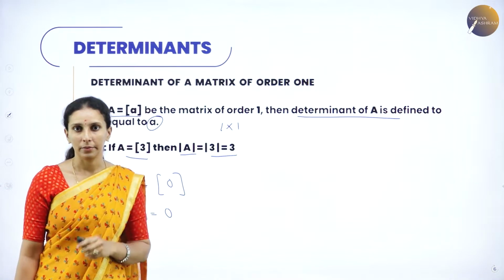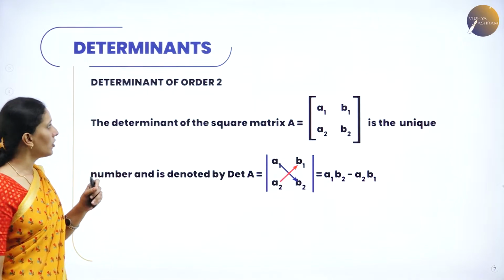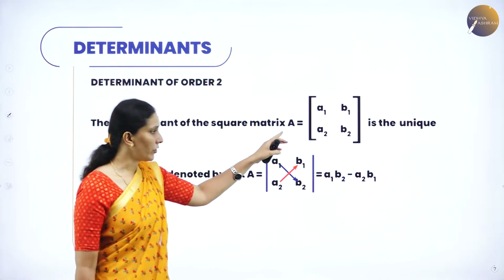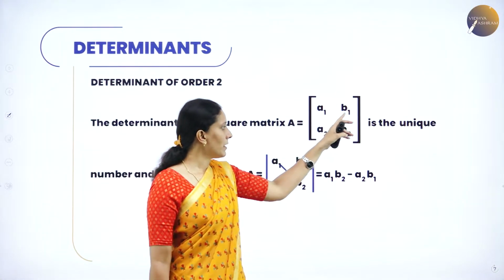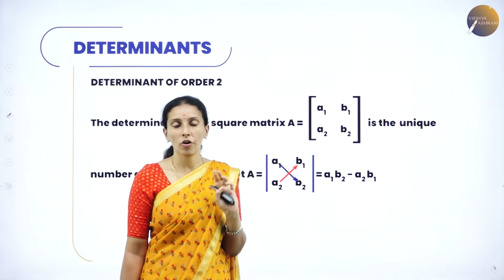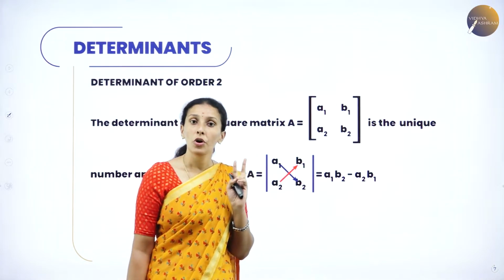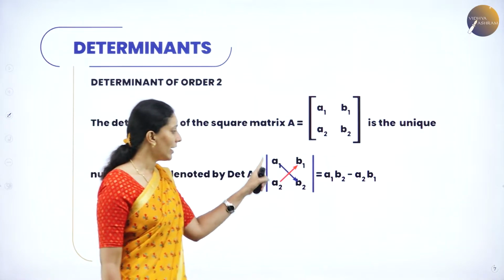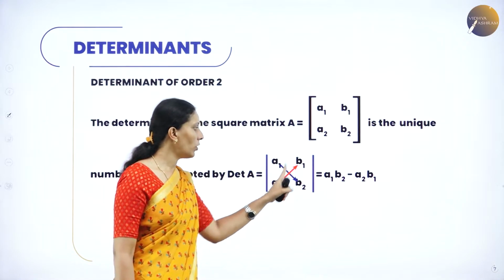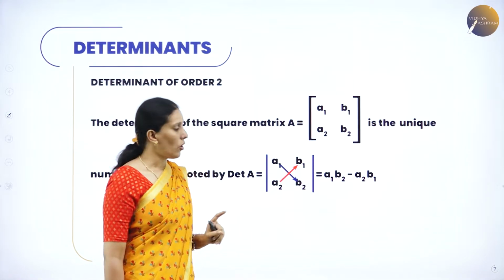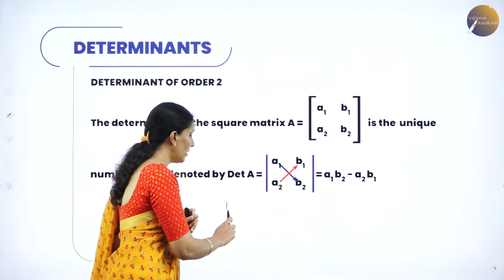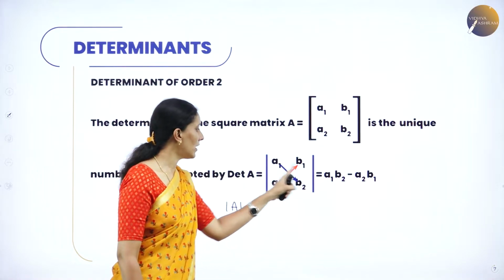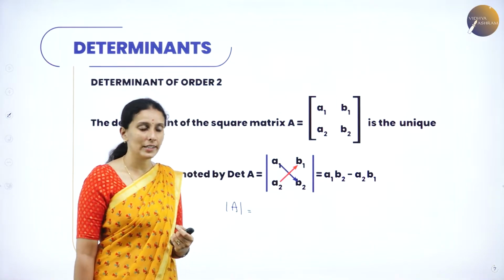value of the determinant. Next is the determinant of order 2. If there exists a square matrix whose elements are a1, b1, a2, b2, so that is a 2 cross 2 matrix or order 2, it's a square matrix. Then the value of the determinant is written in this form. I have already told you that you should use a modulus symbol to write the value of the determinant. So instead of square braces, here you are going to use parallel lines, and you can write the elements between them.